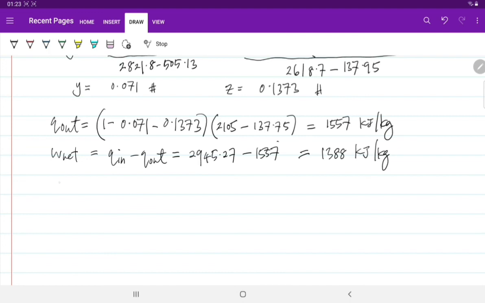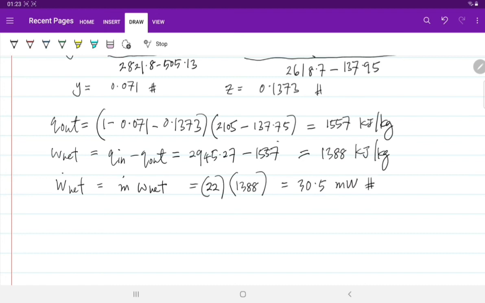Okay, so your megawatt W dot net should be M dot multiplied by W net. Okay, equals 22 kilogram per second, 1388. You got approximately 30.5 megawatt. That is W dot net.